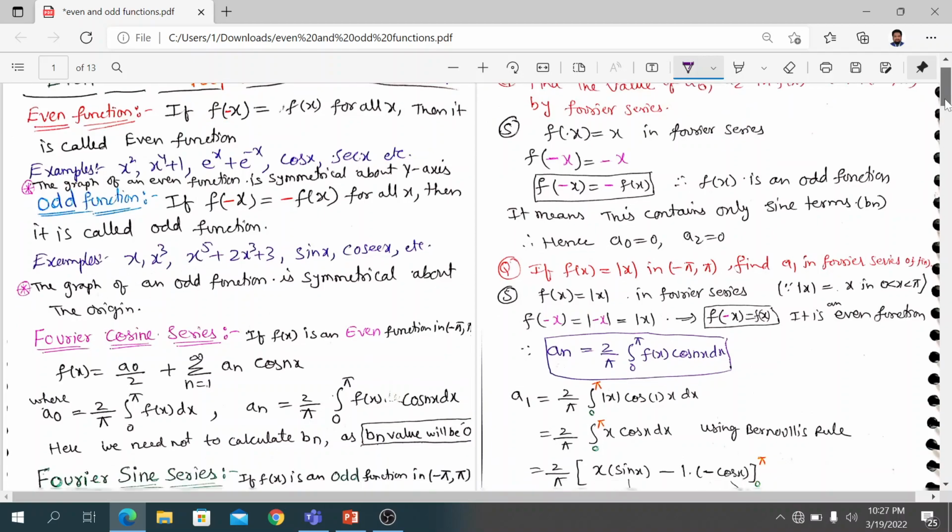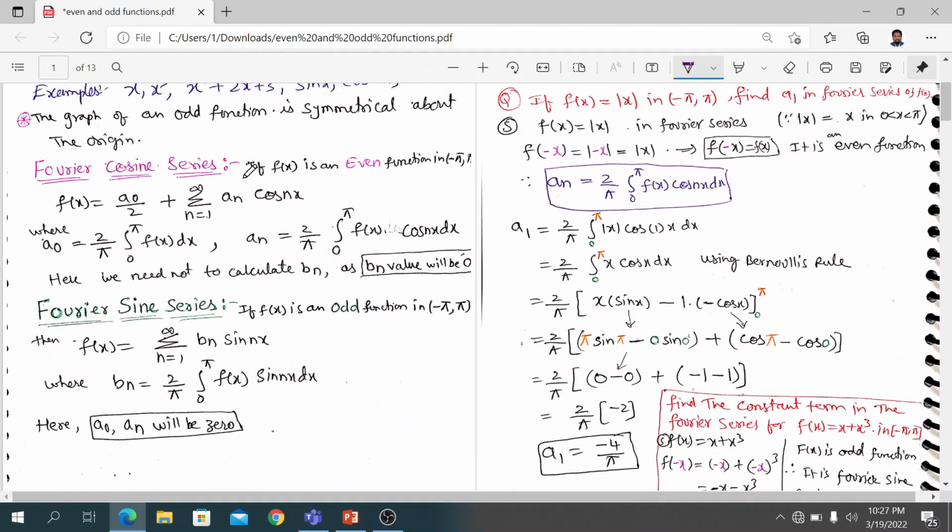Now let us see two important things. First, Fourier cosine series. If f of x is an even function, cosine series means even function between minus pi to pi.